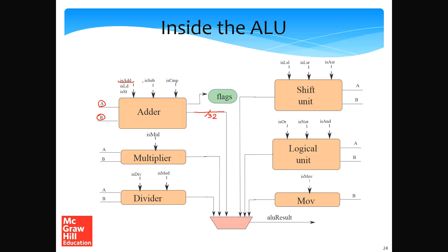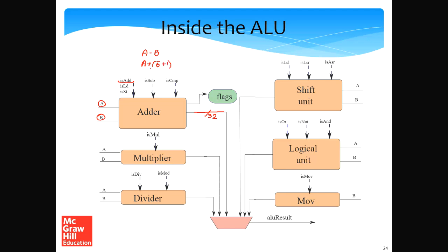Mind you, in the 2's complement world, subtraction is the same as addition. To subtract B from A, to compute A minus B, we need to add A plus the 2's complement of B, which is basically the 1's complement of B plus 1.